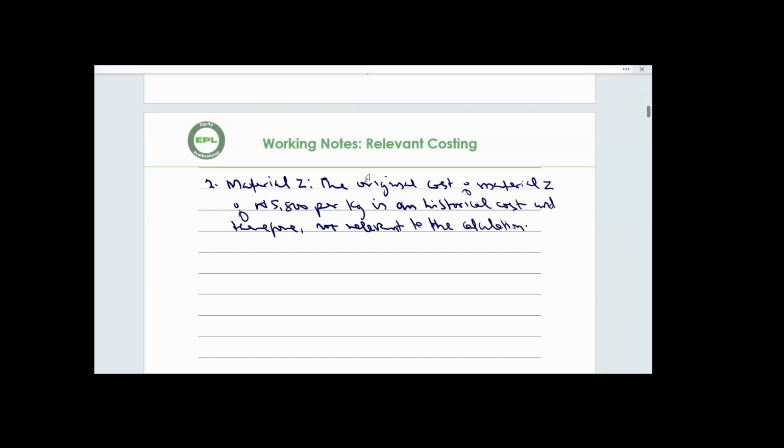Okay, that's how we treat that cost of 5,800 naira. Then material Z, of course, only the replacement cost of 6,500 naira is included in the calculation.